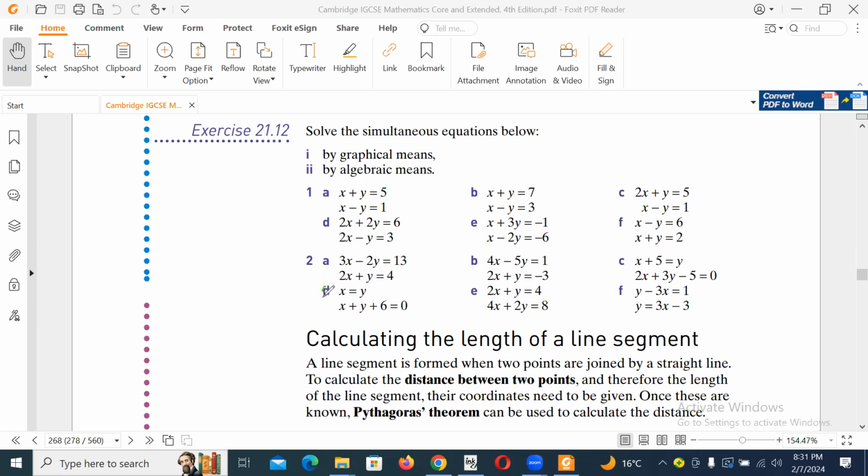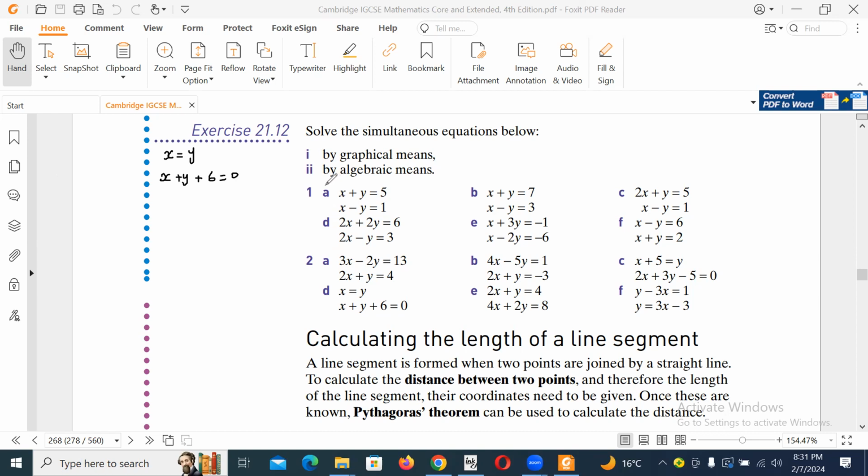Let's suppose part D of question number 2. That part D is x is equal to y, and the second equation is x plus y plus 6 equals 0.